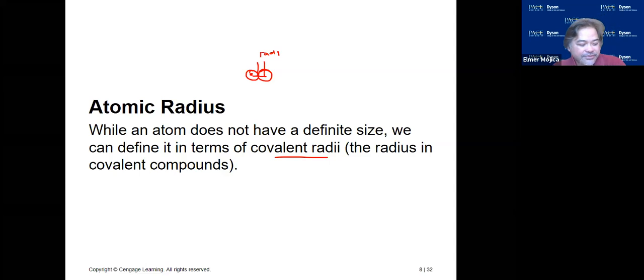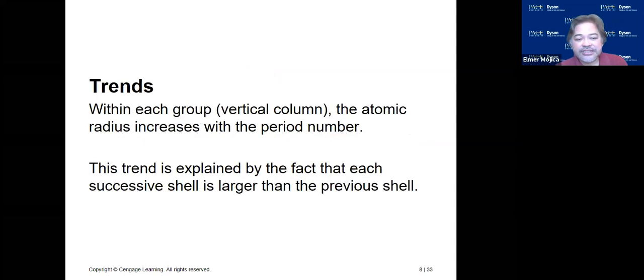Okay, so let's look at the trend, and then we'll discuss the factors that affect this trend in the atomic radius. So it says here, within each group, the atomic radius increases with the period number. How do we simplify this? What is T to B?